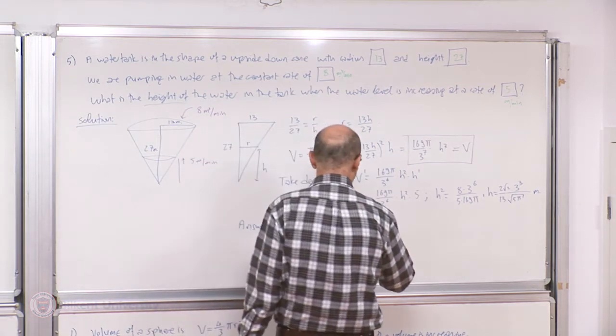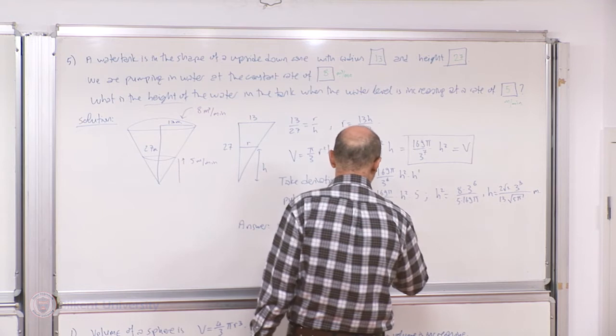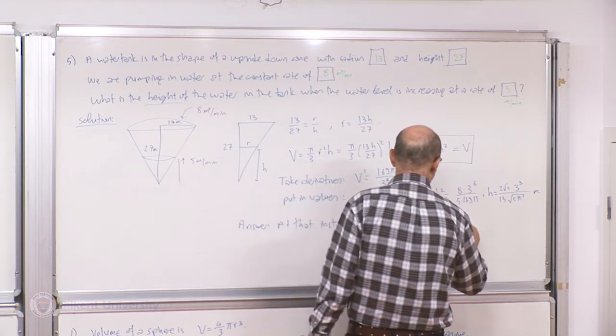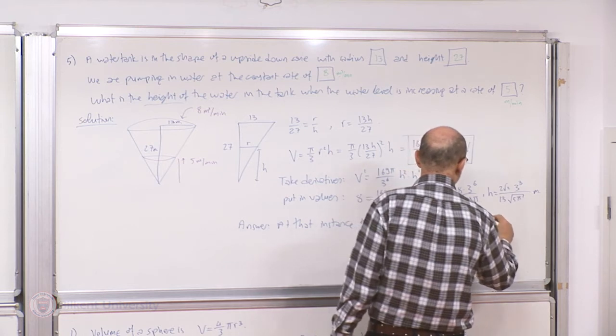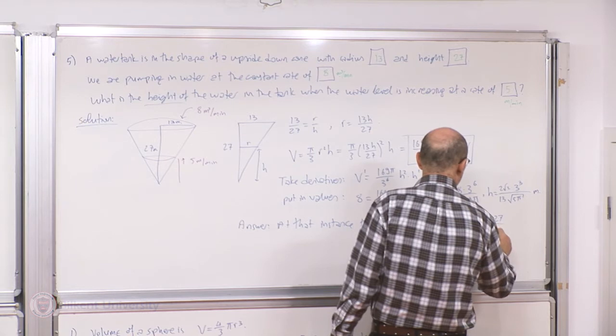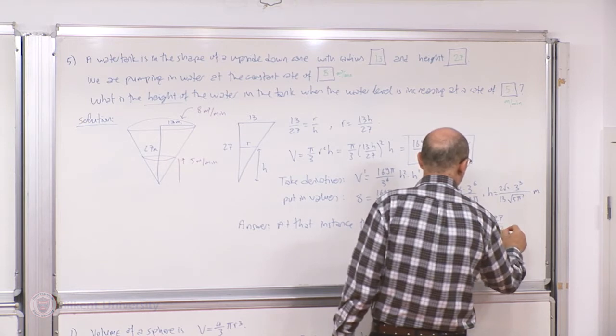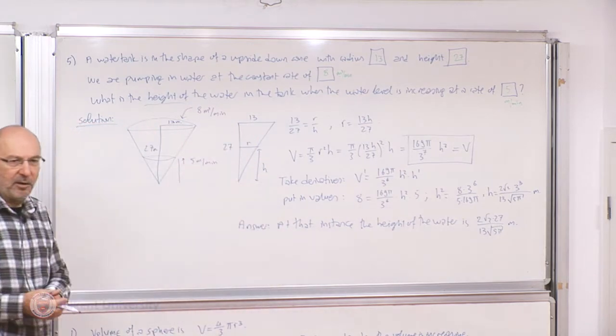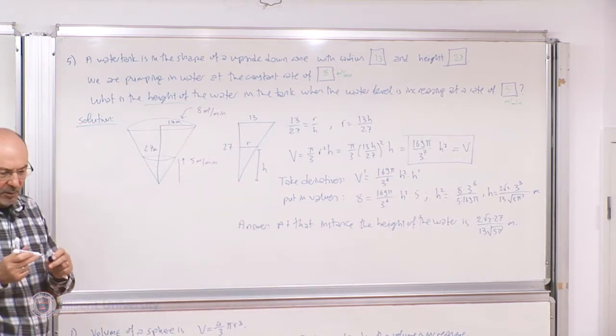At that instance, the height of the water is this horrible number, 2 square root 2. Well, this is 27, 13, 5 pi meters. If all the calculations are correct, now then you go back and check your calculations. Okay?